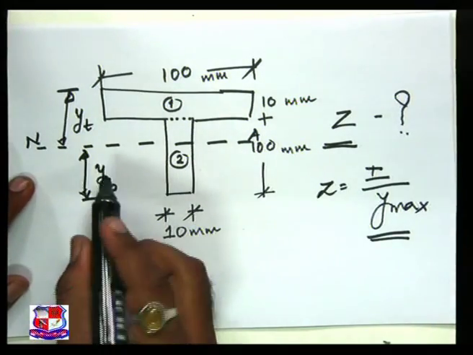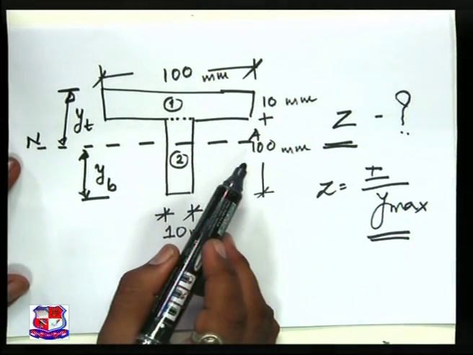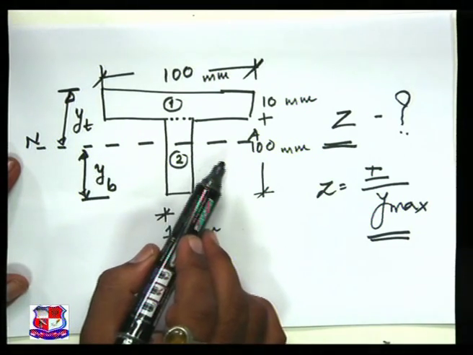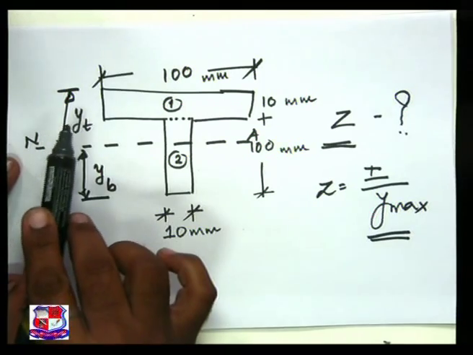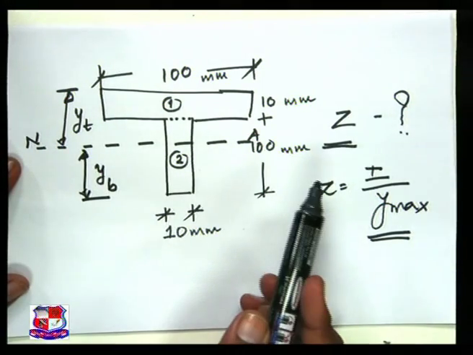Now, I have to first find out the location of the neutral axis. I have drawn it randomly. I have to find out the value of yb, the value of yt, and then I can plot the neutral axis.